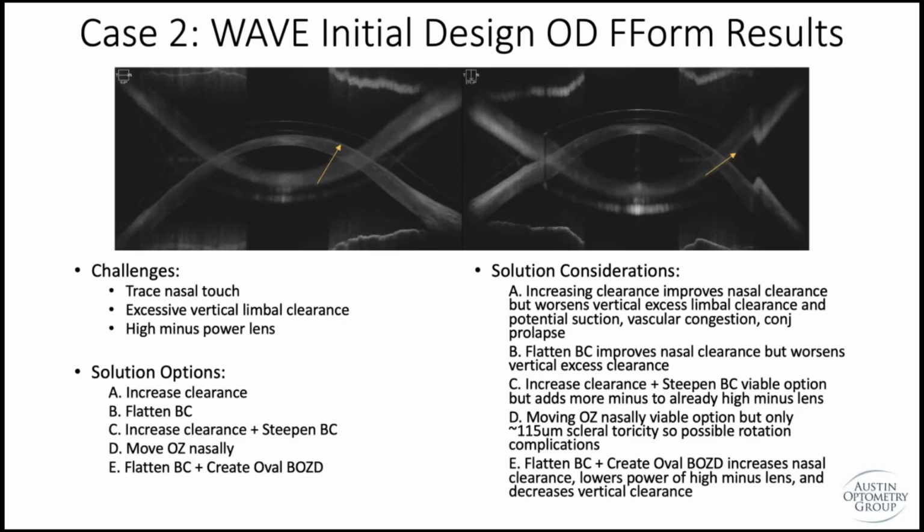And then we have a high minus lens. I think right now it's about a minus 13.6, is how it pans out from the default settings. So what can we do about it?